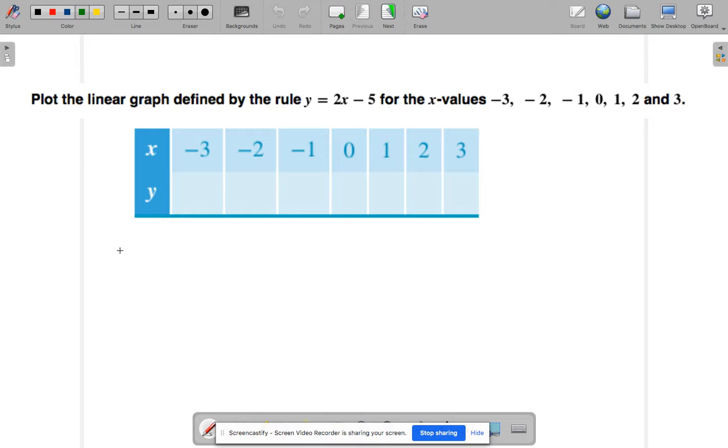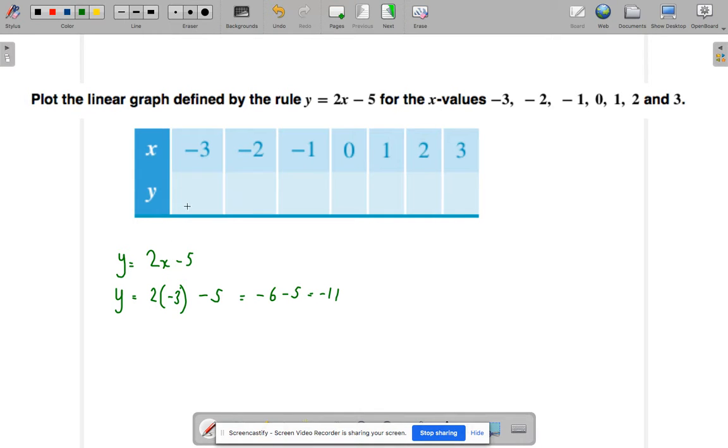Let's start. So in the first one, the value of x is negative 3. So y equals 2x minus 5. So here we've got y equals 2 times x, which is negative 3, minus 5. And that equals negative 6 minus 5 equals negative 11.